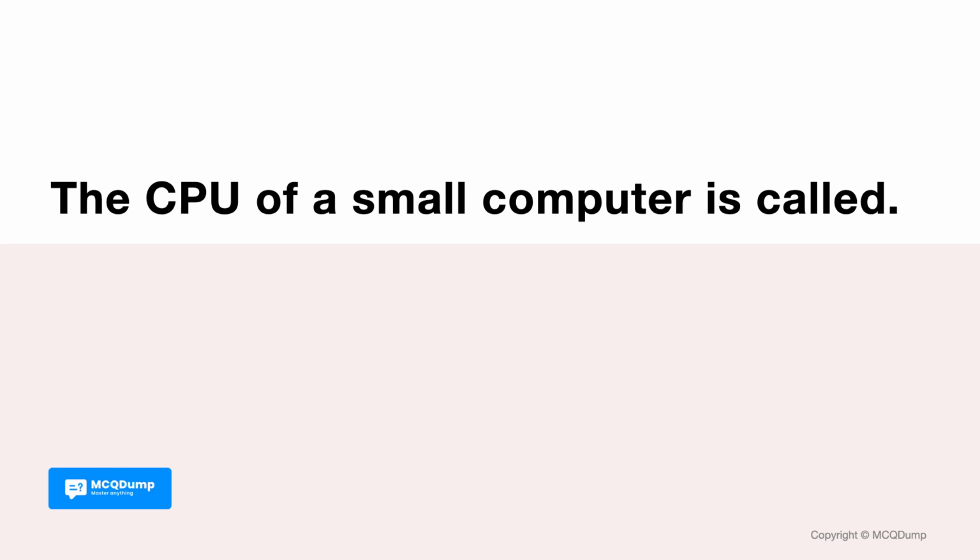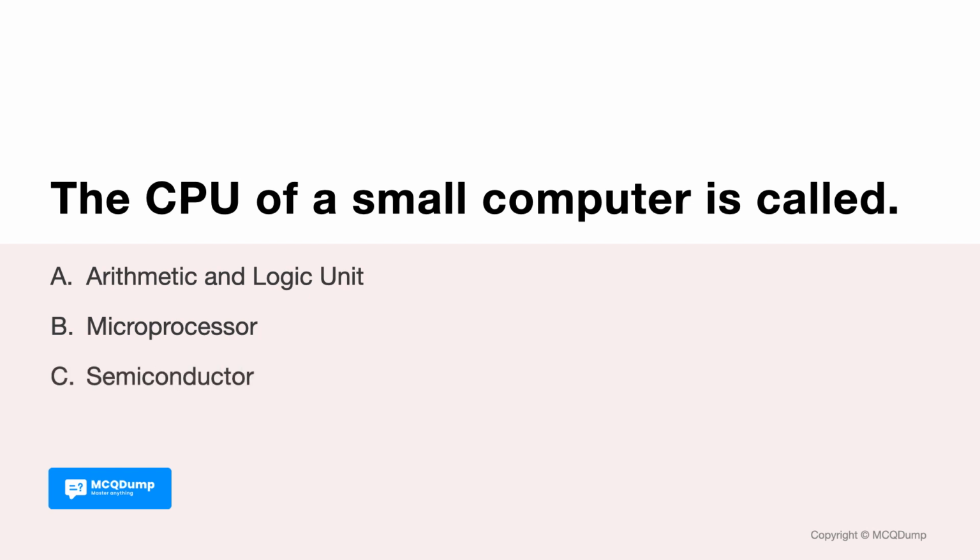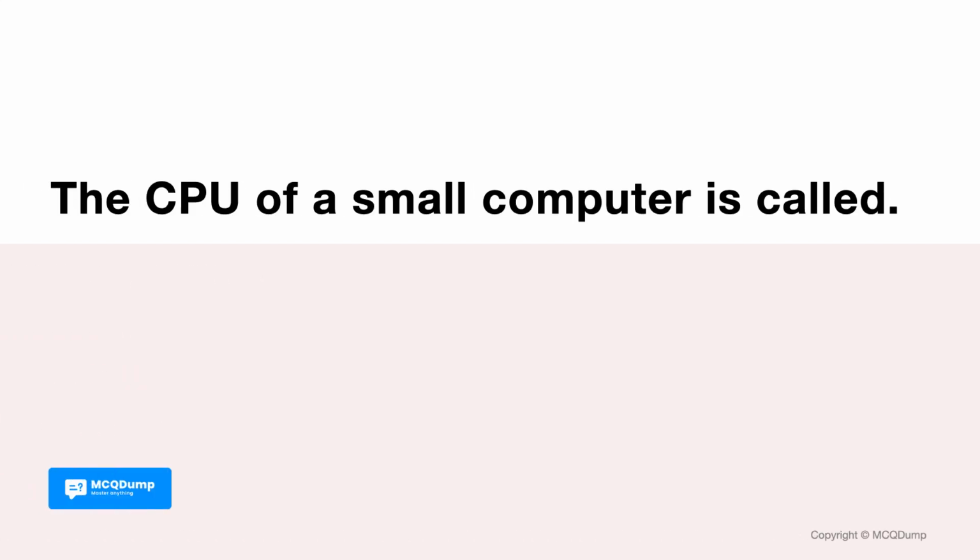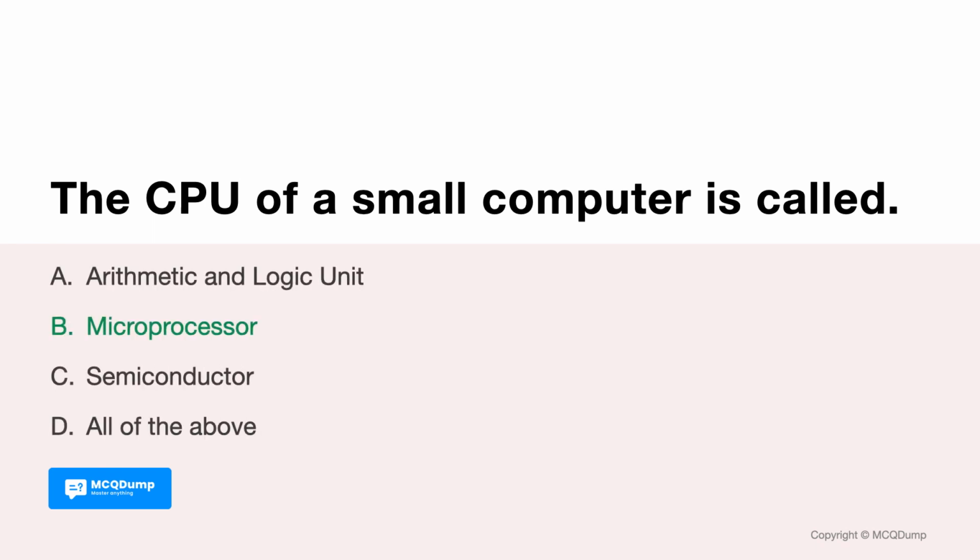Options are A. Arithmetic and logic unit, B. Microprocessor, C. Semiconductor, and D. All of the above. Answer is B. Microprocessor. CPU of a small computer is called microprocessor.